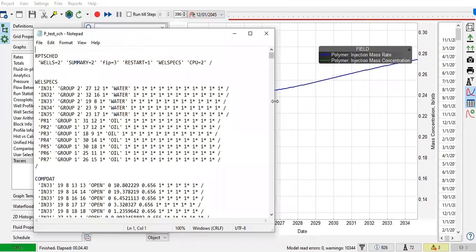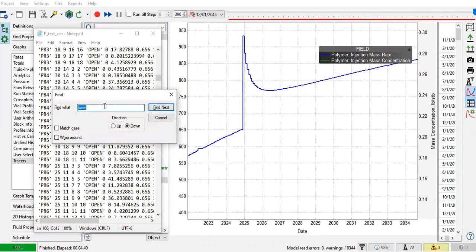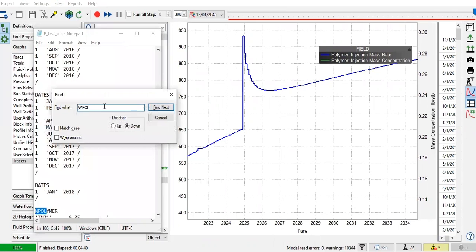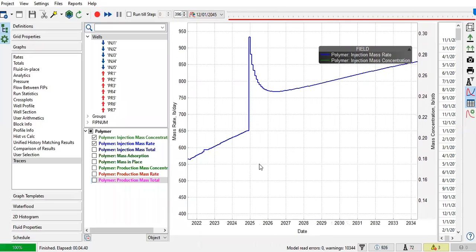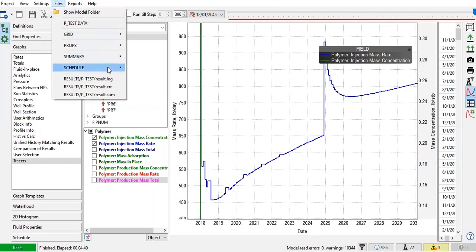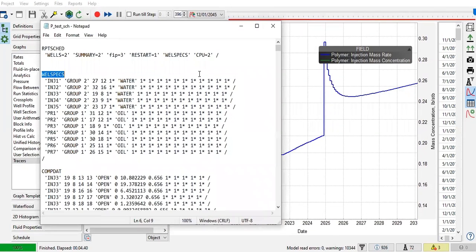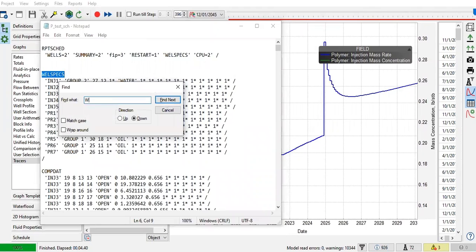We start injecting polymer at what date? Let's search W polymer, January 2018. Actually starting from 2018. And when did we improve the concentration?